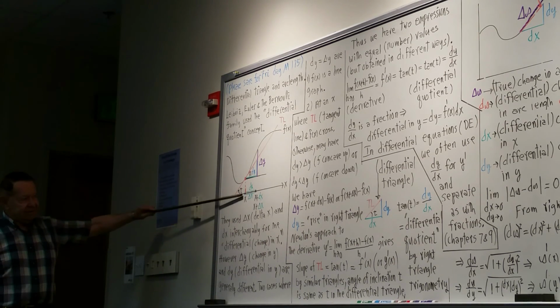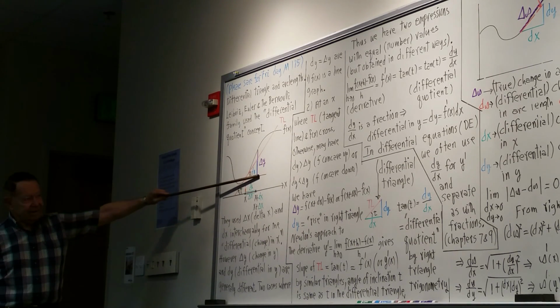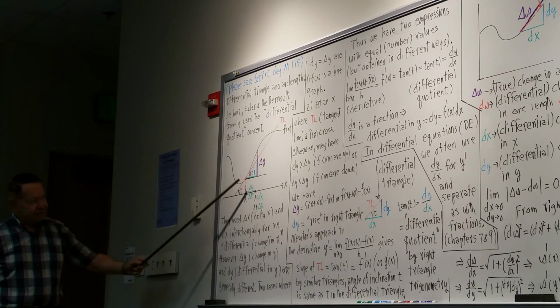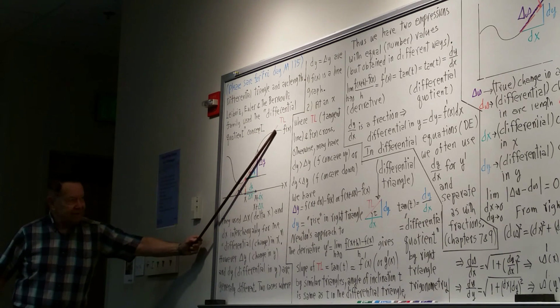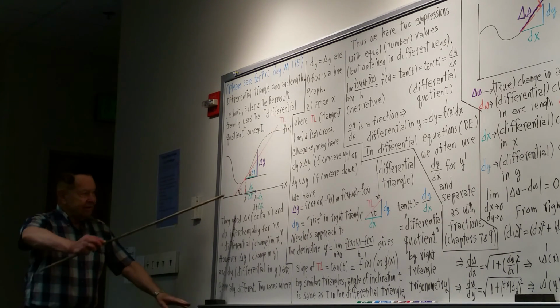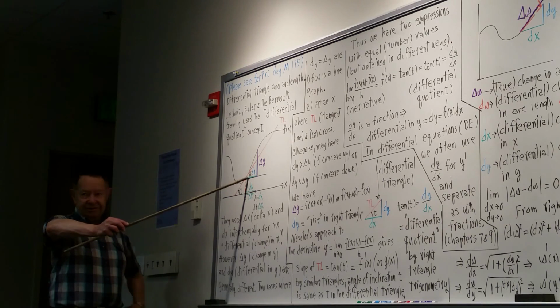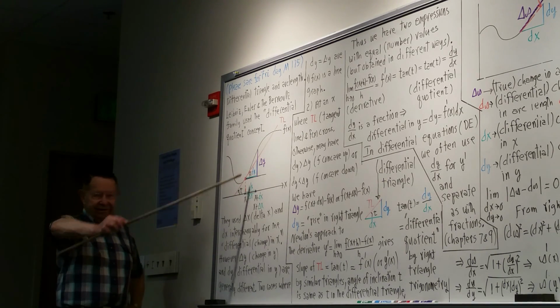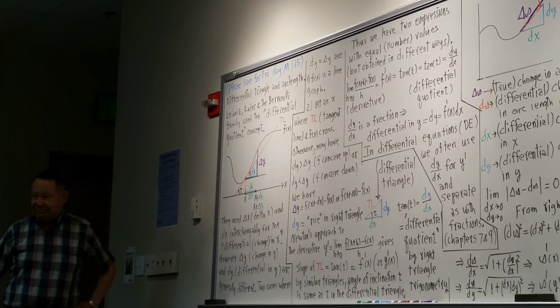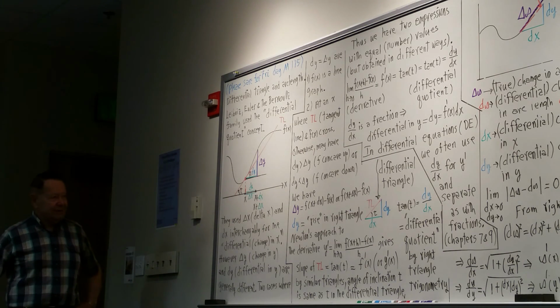And you see this and this line are parallel. And so if you have parallel lines that intersect the same straight line, then the corresponding angles are equal. So by geometry, if this is t, that is. Okay, so that's geometry so far, not calculus.